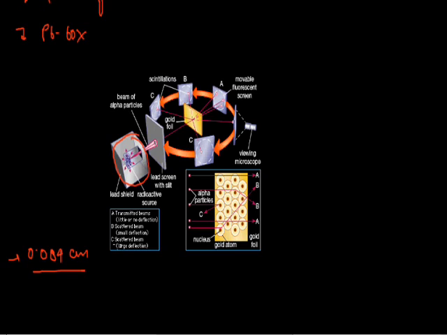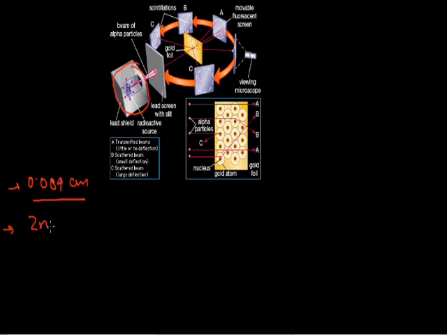A circular screen coated with zinc sulfide was placed on the other side of the foil. Why is this so? When the rays strike the zinc sulfide layer, there will be fluorescence, and due to fluorescence we can analyze that at this place rays are colliding. So you can analyze the angle from which they are diverted.